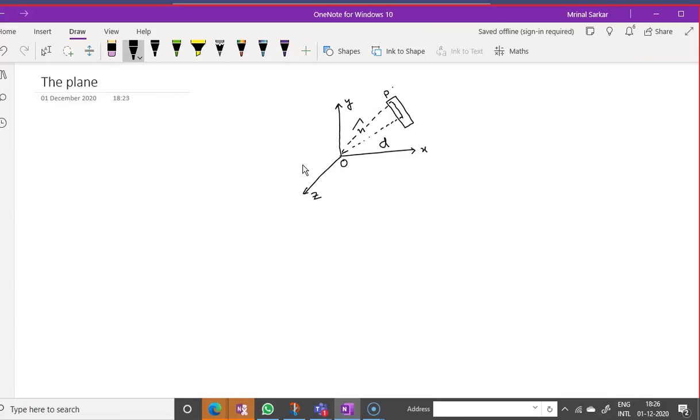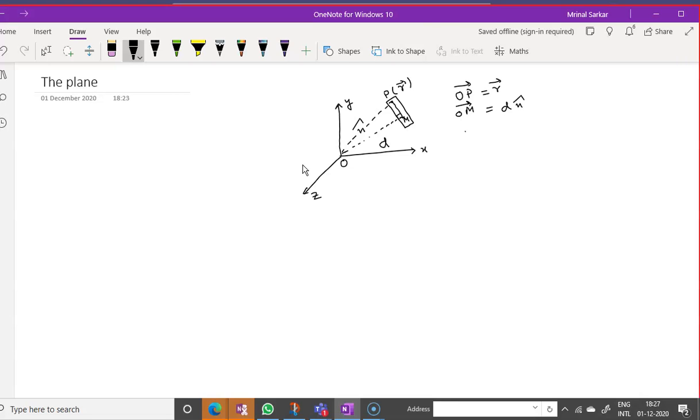The variable point be P. If the point P lies on the plane and OM is the perpendicular drawn, then OP vector is equal to r, and OM vector we can write this manner. OM vector is d into n cap.